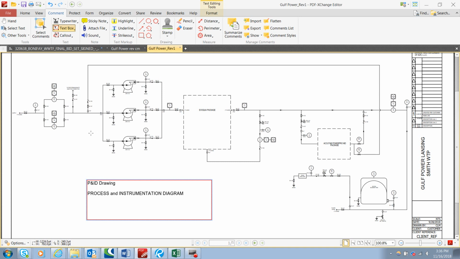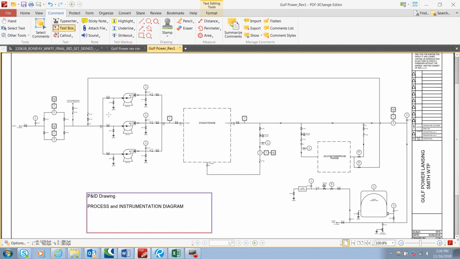Okay, typically a couple of things on process diagrams. When I say flow, I'm going to use the word flow loosely. That is how it reads. It reads just like a book. So we start at the top left and work our way to the right.